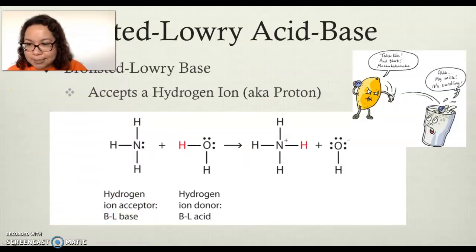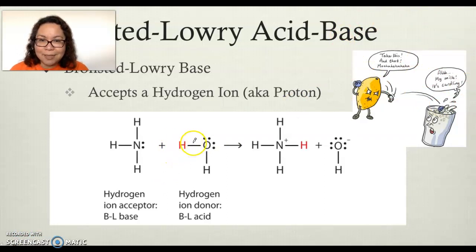We have this hydrogen atom that will break off of this water and go to this ammonium compound. Now this compound received this hydrogen forming NH4+. Therefore, it is the base, because the bases in Bronsted-Lowry are the ones that accept hydrogens.